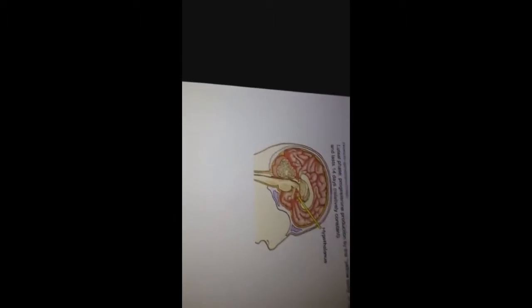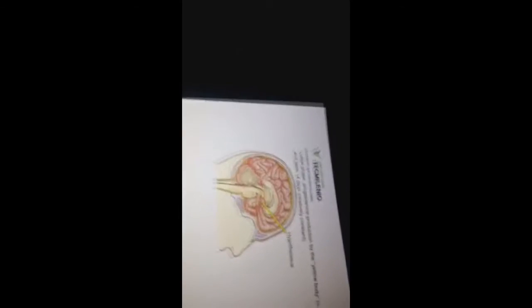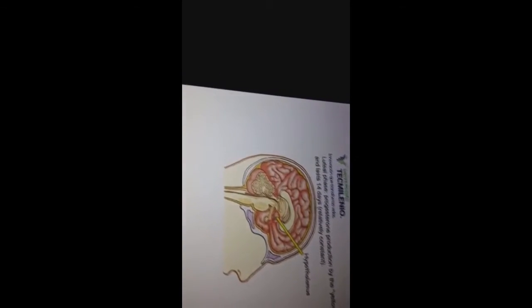As ovarian follicles develop, they release estradiol, which negatively regulates further release of GnRH and FSH. As estradiol concentrations peak, they trigger the surge release of GnRH, which leads to LH release inducing ovulation.